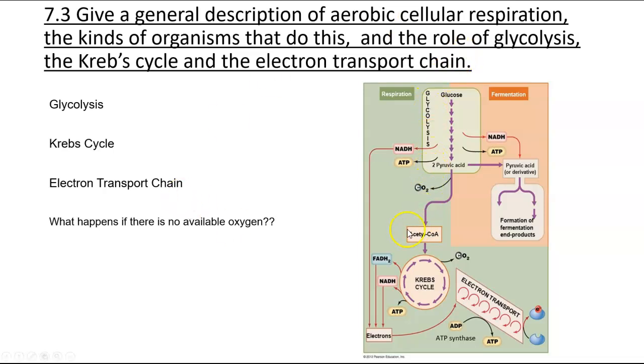Aerobic cellular respiration is absolutely essential to extract energy from our food and make ATP every second of our life. If we stop breathing in oxygen, we stop the electron transport chain, and we are no longer able to get energy from our glucose, from our blood glucose, and we will die very fast.